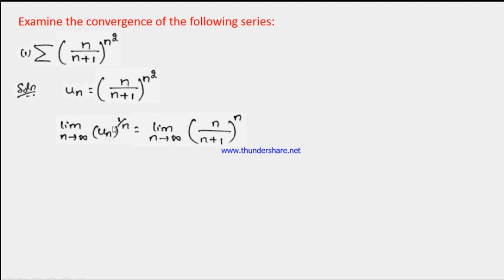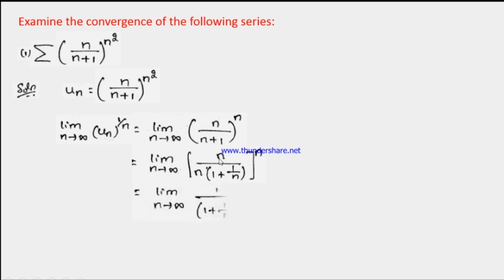That is equal to limit n tends to infinity, the n cancels, so we will get n by n plus 1 whole power n. We do not have a standard result for this, so I will simplify it further. I'll just take n common in the denominator, and that n will cancel with this n. So we will get limit n tends to infinity 1 upon 1 plus 1 by n power n.